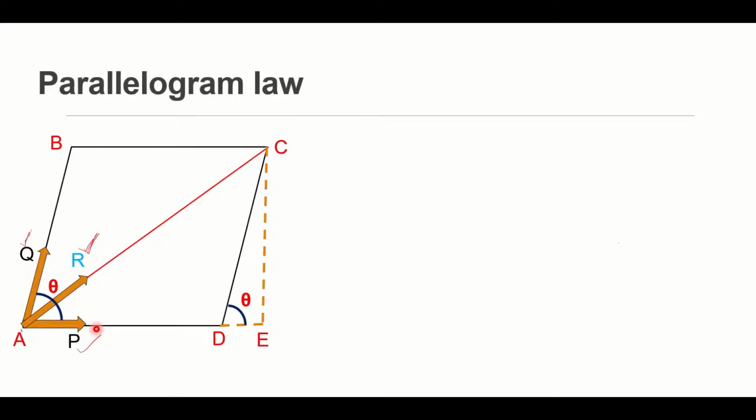Why did we take a right angle triangle? We know that in a right angle triangle, the hypotenuse has the property AC square equal to AE square plus EC square. What is AE? AE is AD plus DE. So AD plus DE, the whole square, plus EC square.